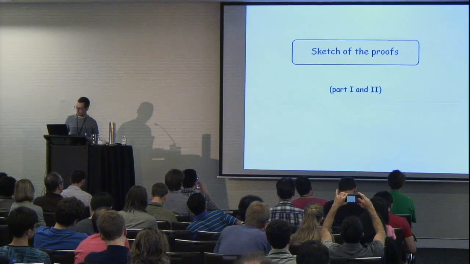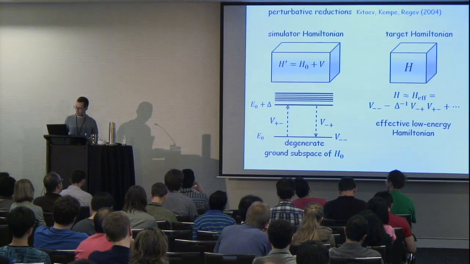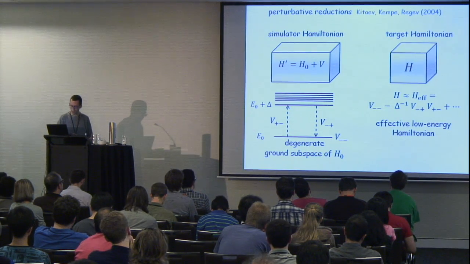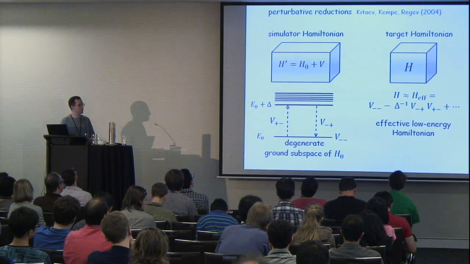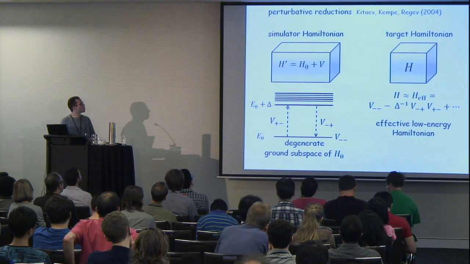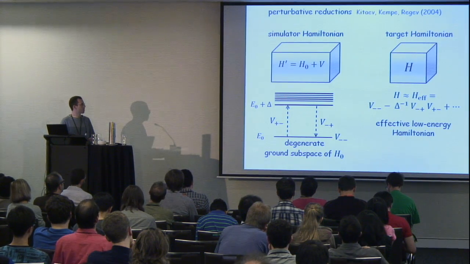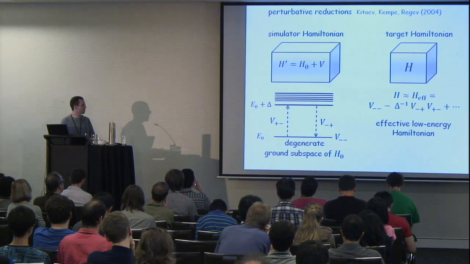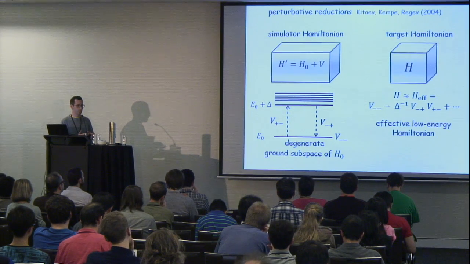Okay. So now for parts 1 and 2, the idea of the proof has to do with perturbative reductions. At each stage of the proof, we have a target Hamiltonian and a simulator Hamiltonian. The goal is to embed the target Hamiltonian in the low energy space of the simulator Hamiltonian.